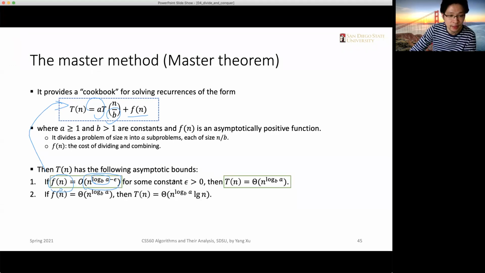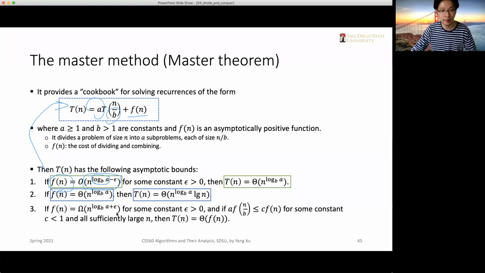And the special case is the second condition, when the two have the equivalent growing speed, then the solution is either one times the logarithm term. Okay, and also the technicality about the epsilon means that we need to find that either one is polynomially greater than the other one in terms of growing speed.